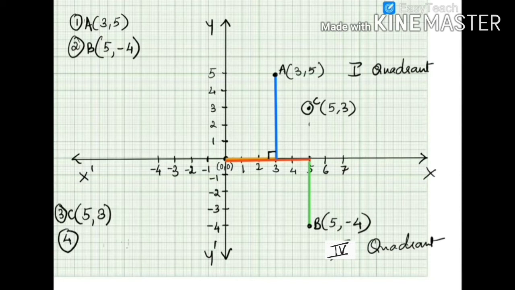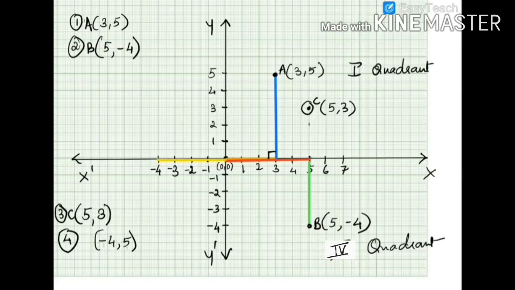Let's reverse the order of the second point. So we get -4, 5. To plot this number, we start from the x coordinate of this point, which is -4. So we start from the origin and move in the negative x direction by 4 units. So we reach here.